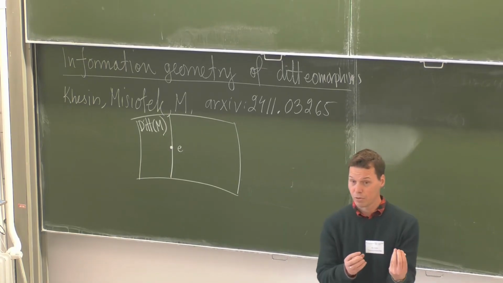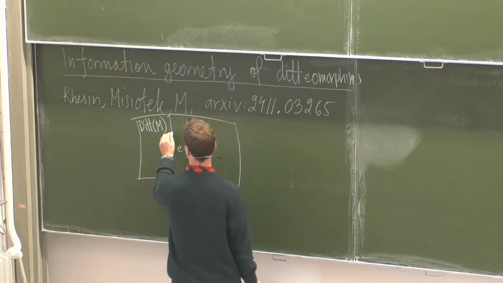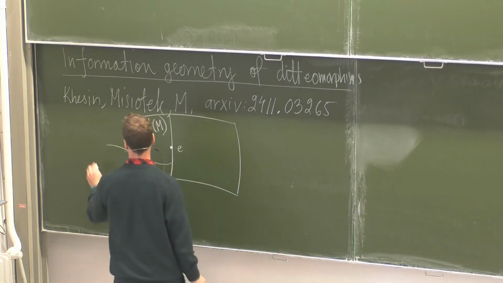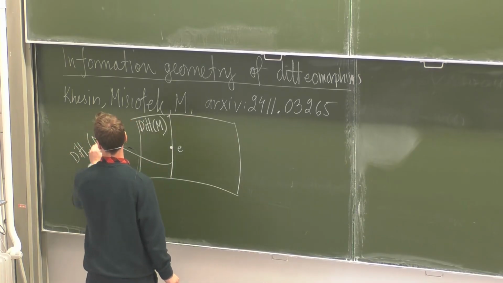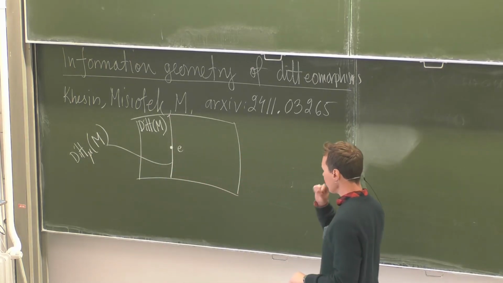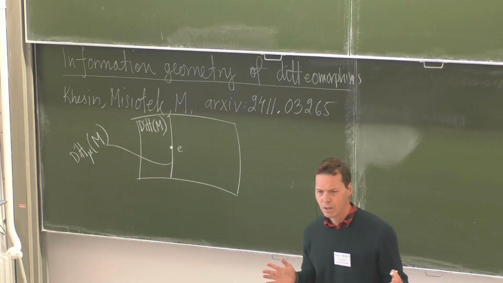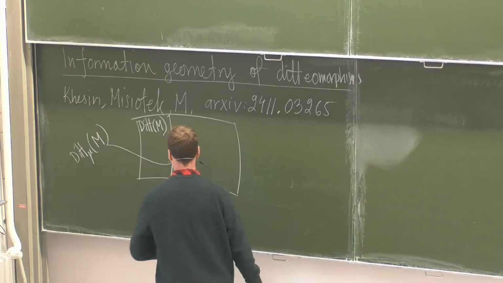So we fix the volume form mu on M, and then we look at the subgroup of volume-preserving diffeos, Diff_mu. And then I look at the quotient, so Diff over Diff_mu.